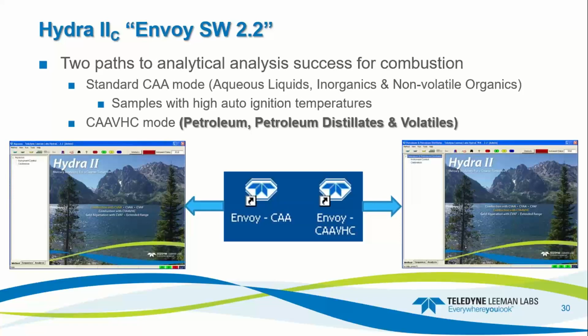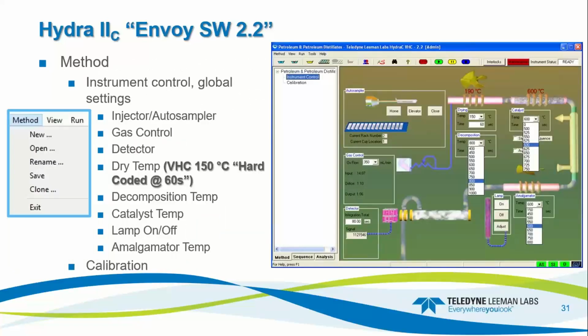So it's a very ingenious type of software platform, which allows our system to be converted for petroleum distillates and volatile sample analysis. So within that software, in both modes, we can control the decomposition, the catalyst temperature, the amalgamation temperature, and then the times at temperature and so forth.